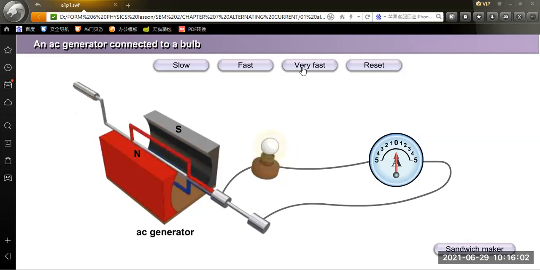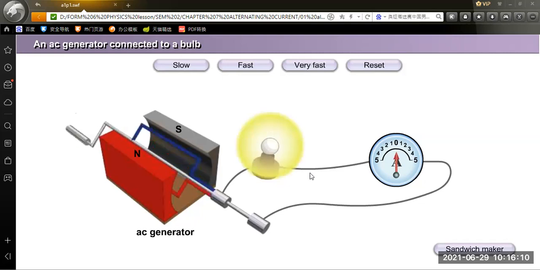What happens if we change to very fast? If we change the speed to very fast motion of the coil to cut the magnetic field, we notice that the bulb lights up almost constantly.